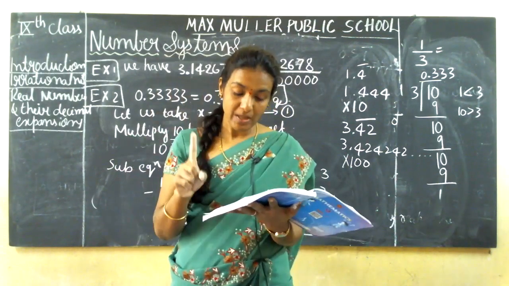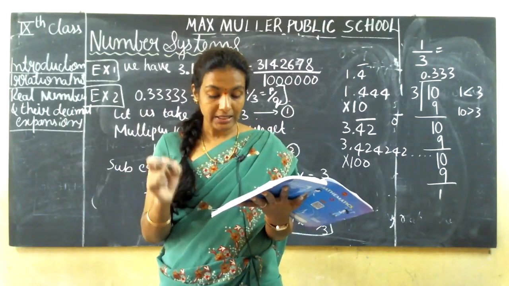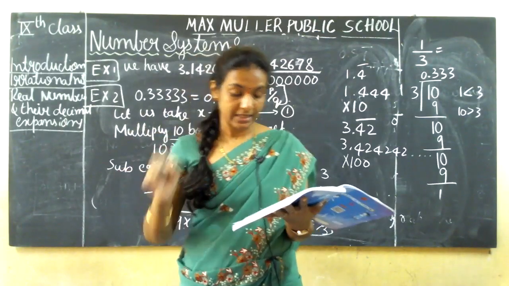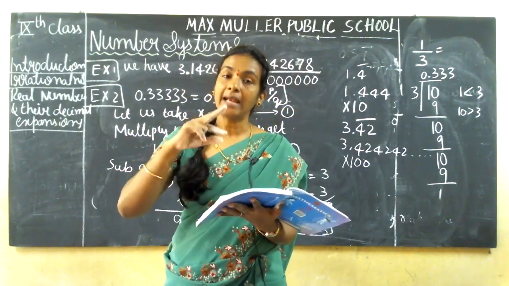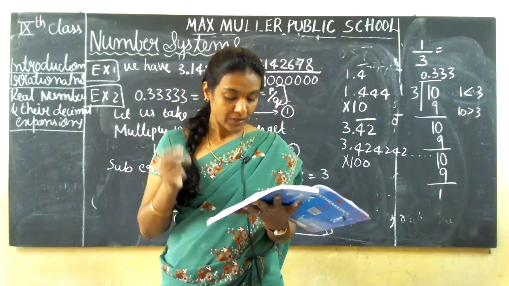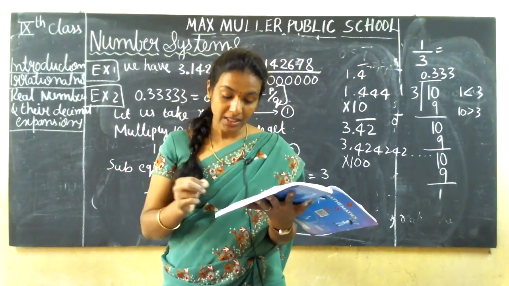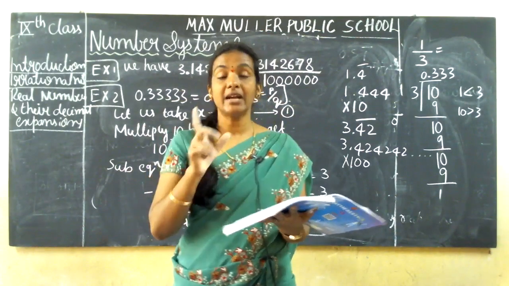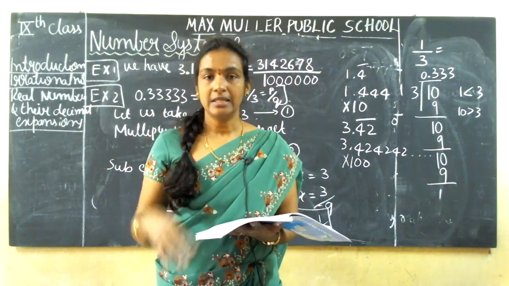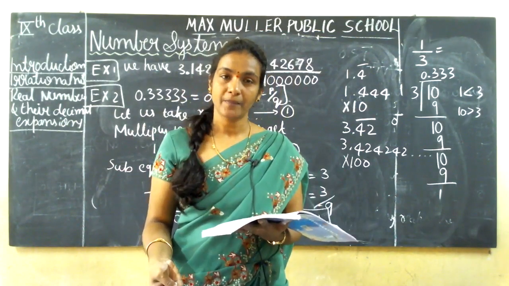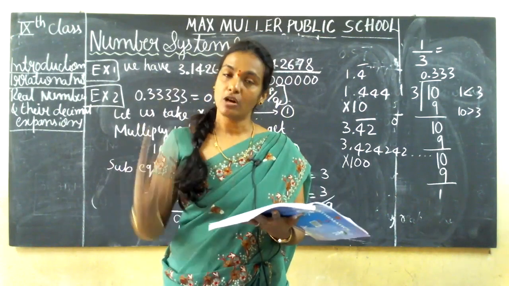The decimal expansion of an irrational number is non-terminating and non-recurring. Moreover, a number whose decimal expansion is non-terminating and non-recurring is an irrational number. It will not terminate, the numbers will not repeat, the remainder will not become 0.